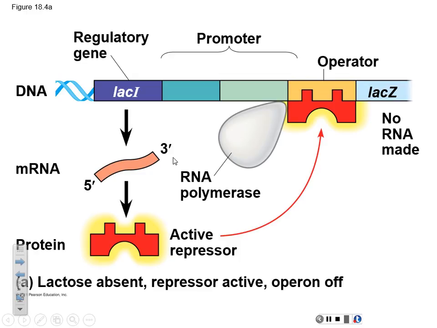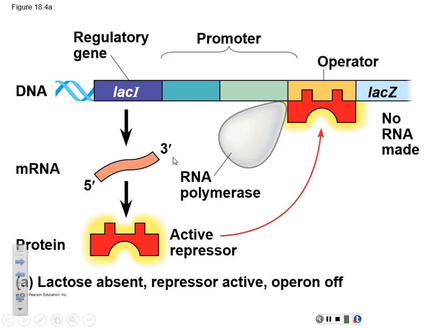You get all three players. There's no point, again, in making PLAC-Z if you're not making PLAC-Y. There's no point in making PLAC-Y if you're not making PLAC-Z. You want to coordinate their expression. And here's the bottom line: you want to make those three proteins only if there's lactose outside the cell.